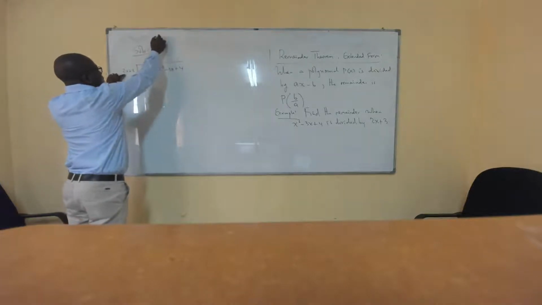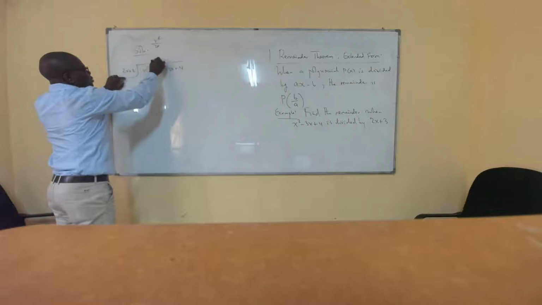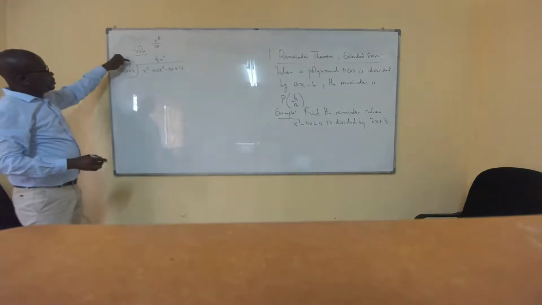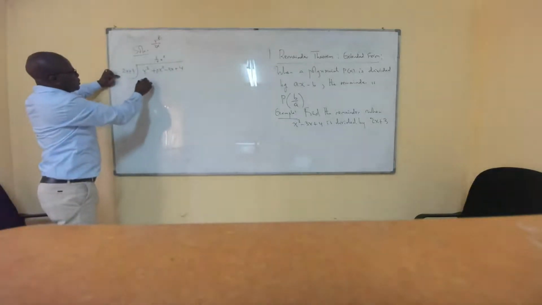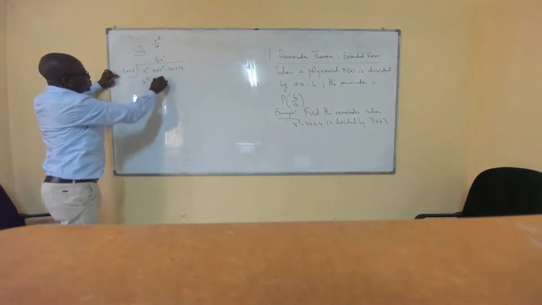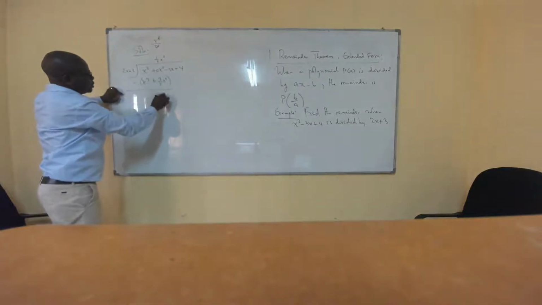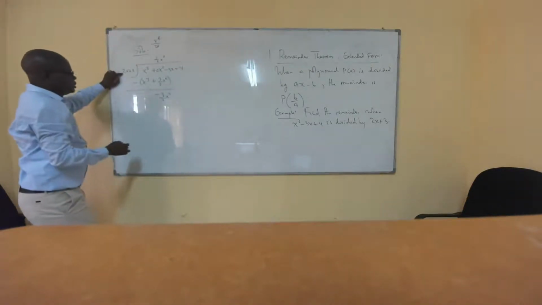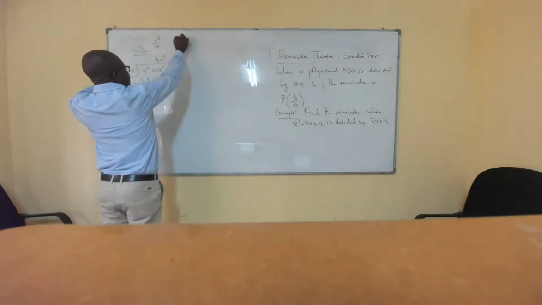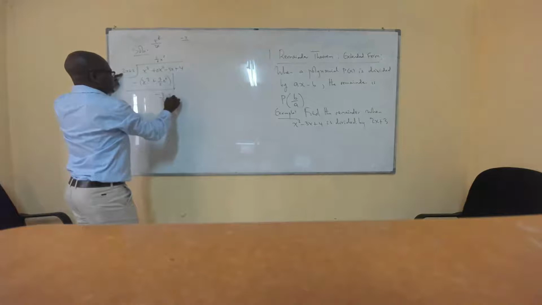So this will cancel, we have a 2 there, so it will give you half x squared. Then when you multiply out, it will be x to the power 3 plus 3 over 2 x squared, right? Then subtracting, you bring down this term here, minus 3x.